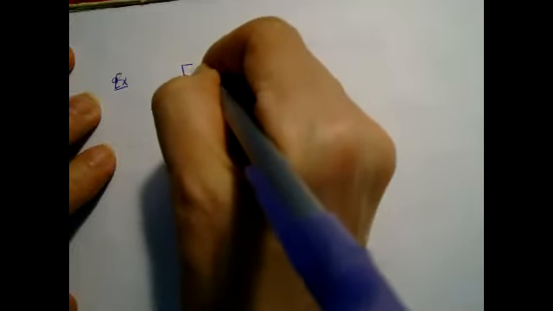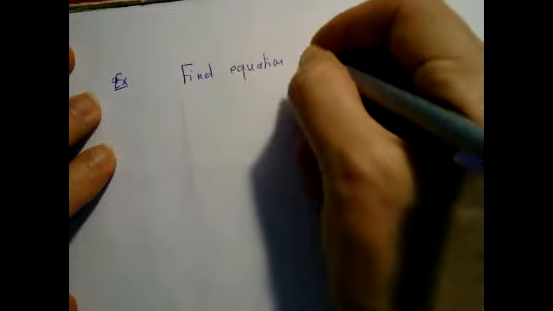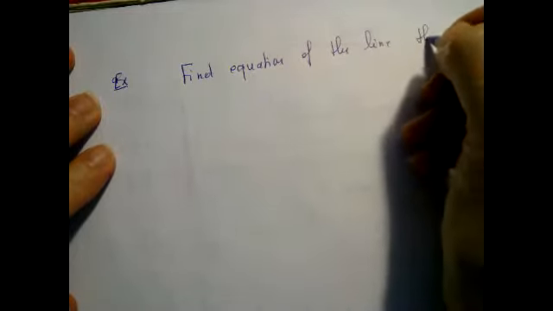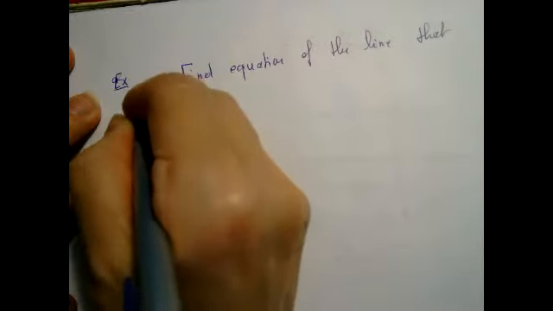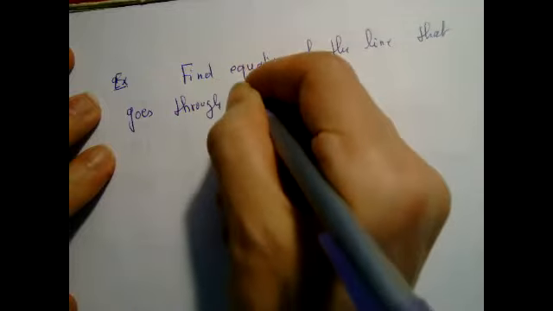So let's take a very simple example. Find the equation of a line, the line that goes through, let us say, the following point.